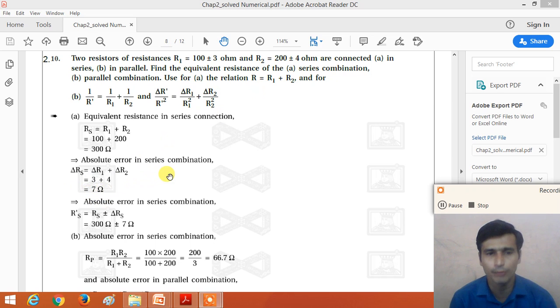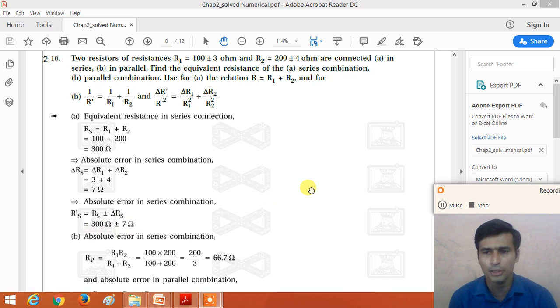So the equivalent resistance in the series combination is Rs plus or minus delta Rs. Rs is the true value of the equivalent resistance and delta Rs is the absolute error in the equivalent resistance. So 300 plus or minus 7 ohm.